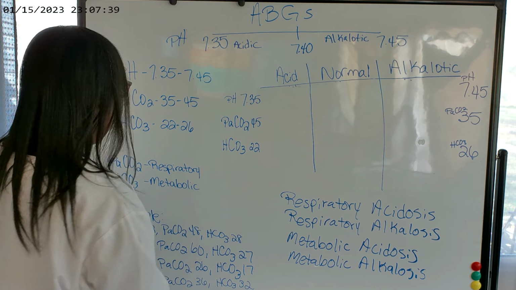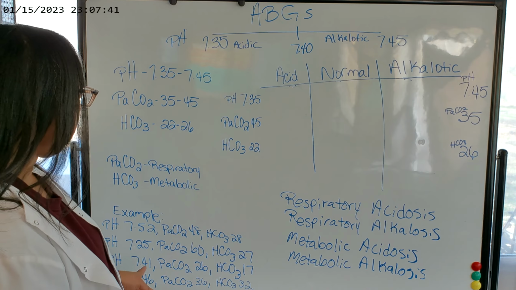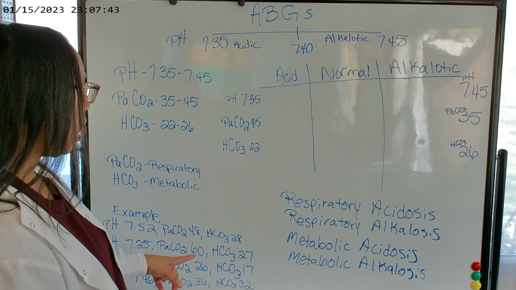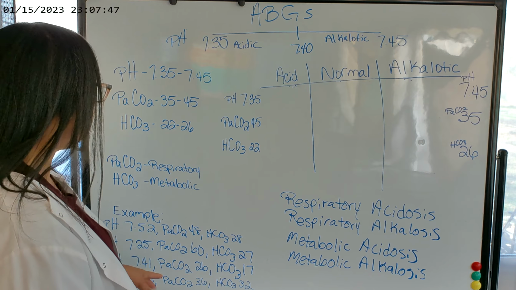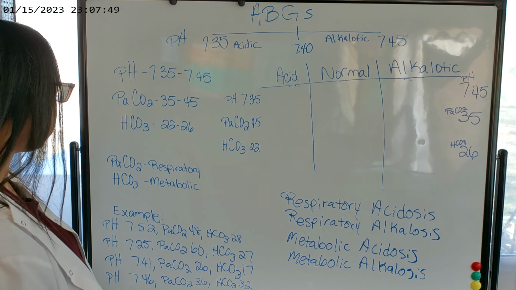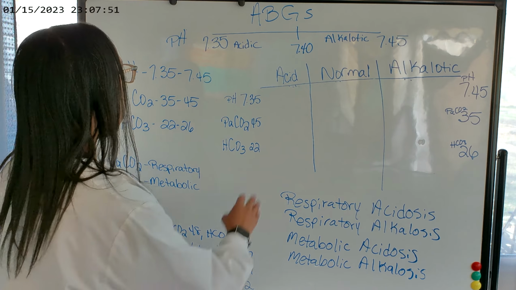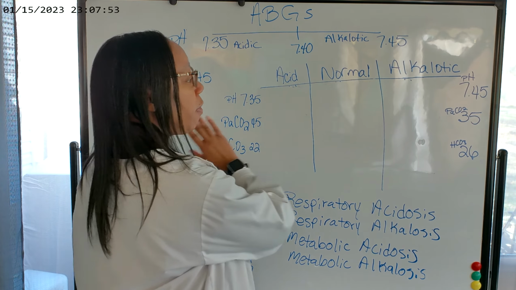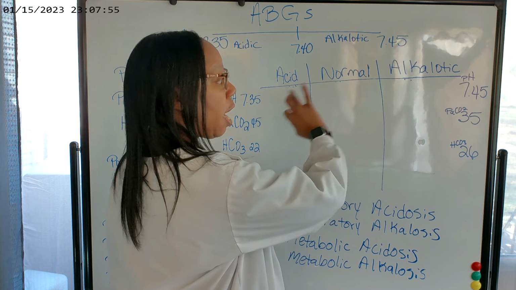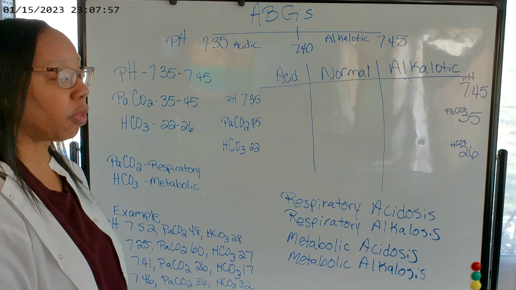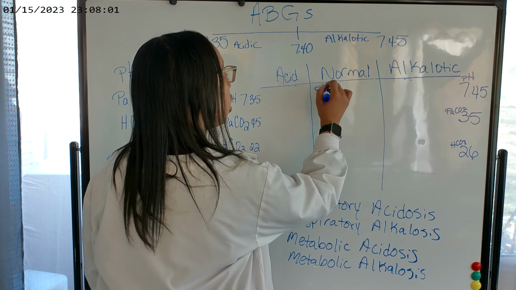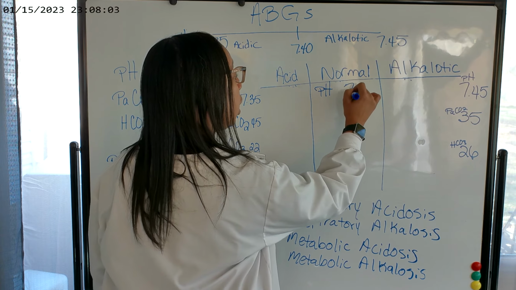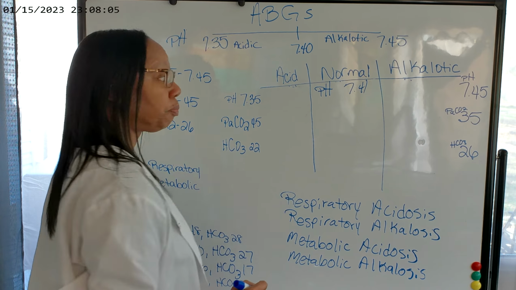We have a pH of 7.41, a PaCO2 of 26, and a bicarbonate HCO3 of 17. So let's plug these numbers in. 7.41, is that below 7.35, above 7.45, or somewhere in the middle? And that is somewhere in the middle. So our pH is actually normal at 7.41.